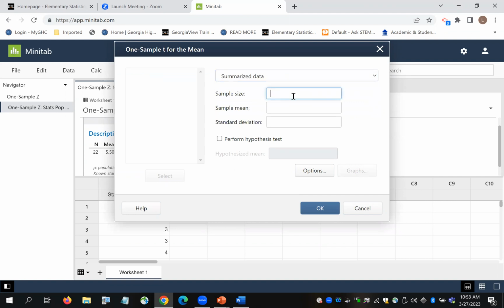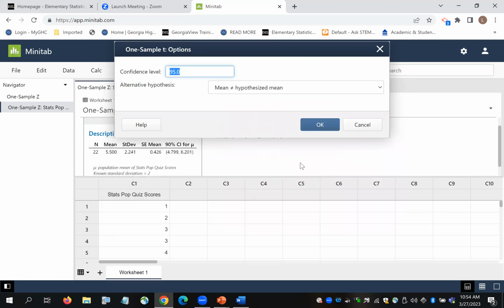My sample size was 81. My sample mean was 8. My standard deviation was 4. All of that was given in the problem. Options. We're doing a 90% confidence level, and my alternative hypothesis will always be not equal.